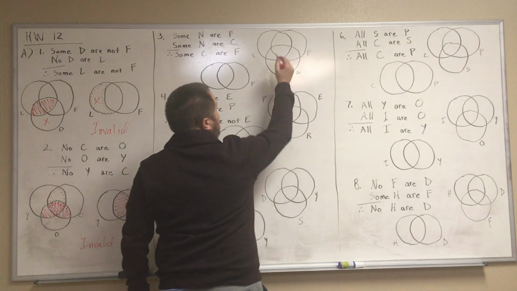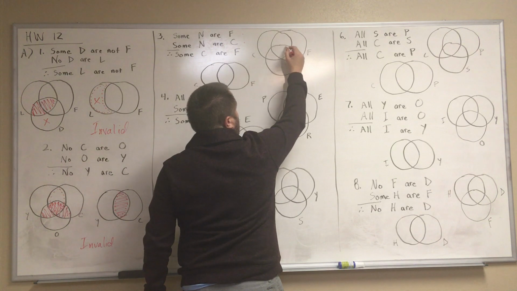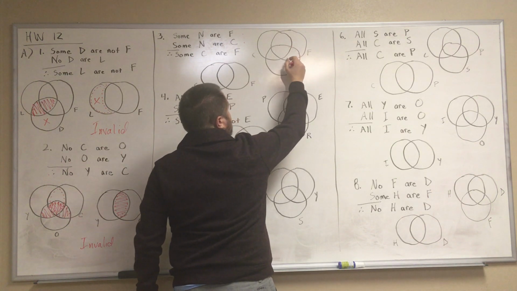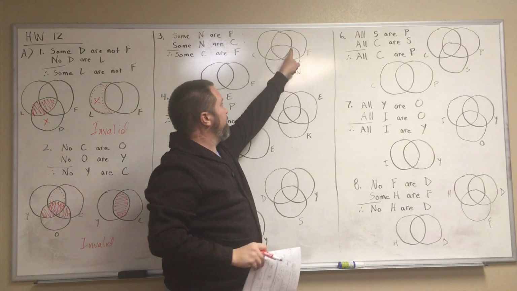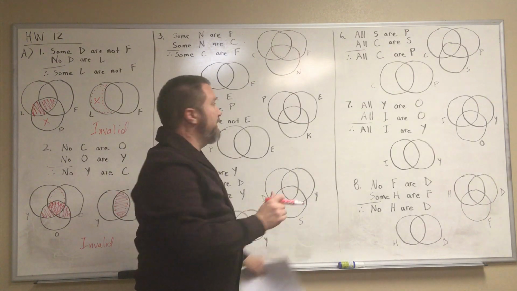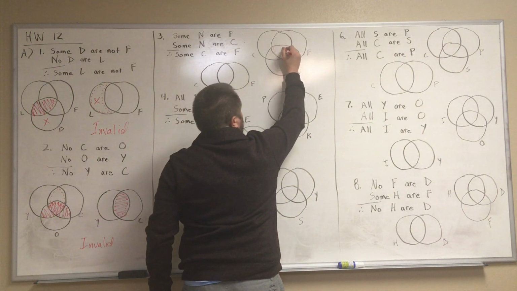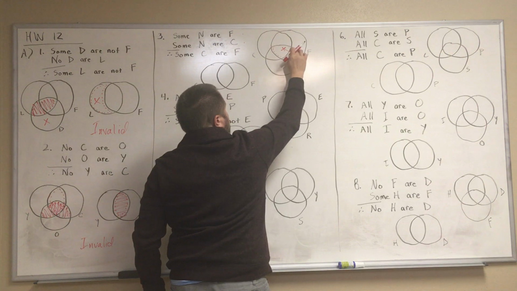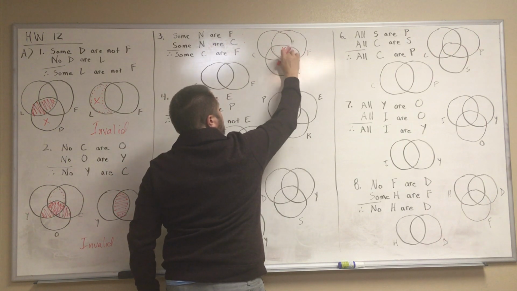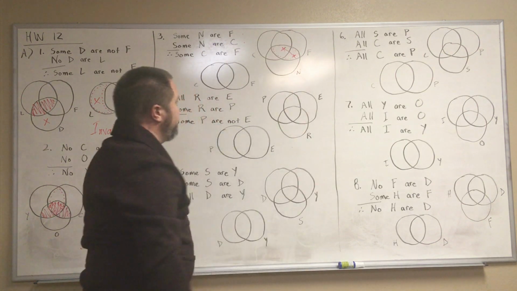Some N are F, so we want an X somewhere in this area there, but because it's already crossed off, we're not sure which side it's on. So we're going to do that fence straddling X, telling us that we know there's an X in this area, but we don't know if it's on this side or this side.